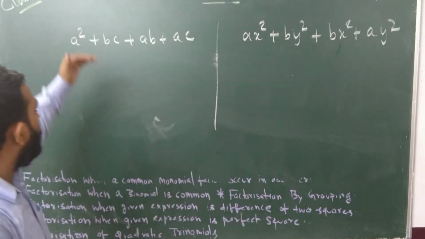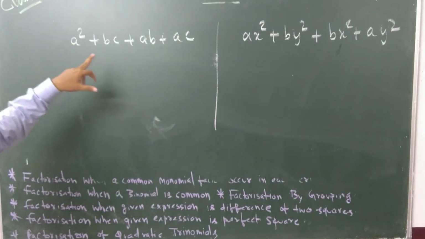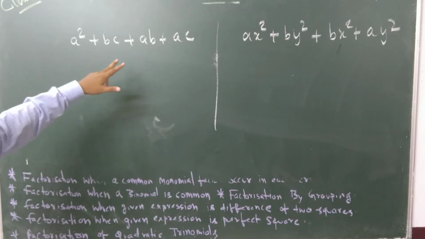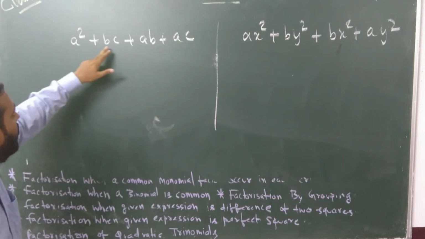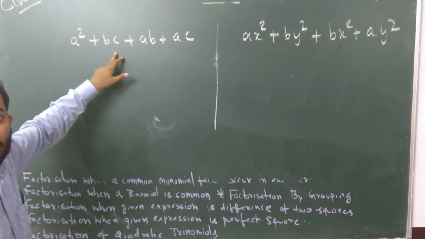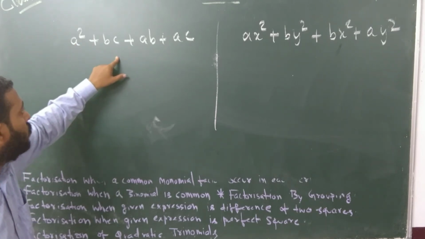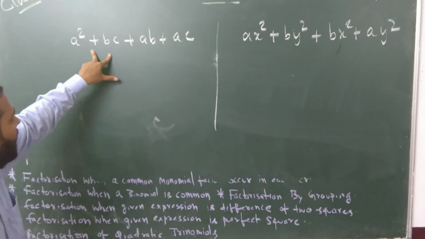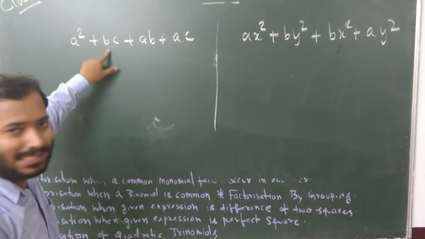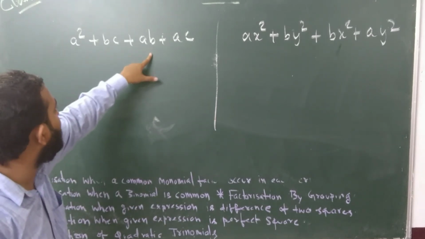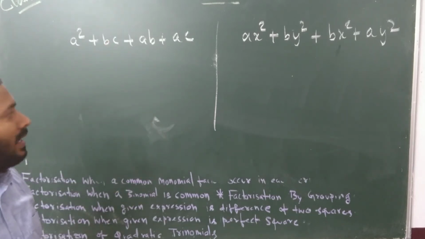So here what we're going to do, we'll see that if we take a common, you cannot see any common between these two, because there is a square and there is a b plus b into c, so no common is there. So either you take ac this side or you can take ab. That is your choice.